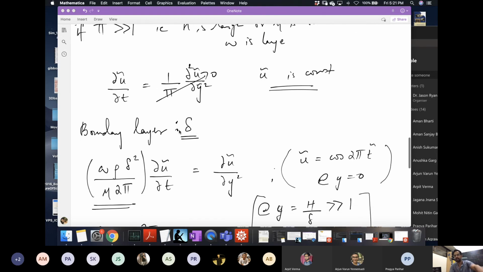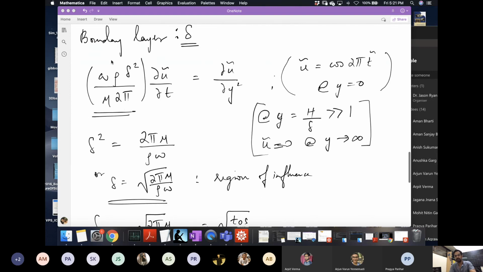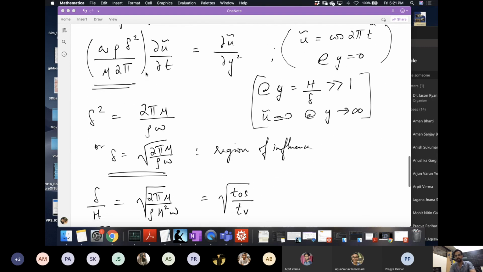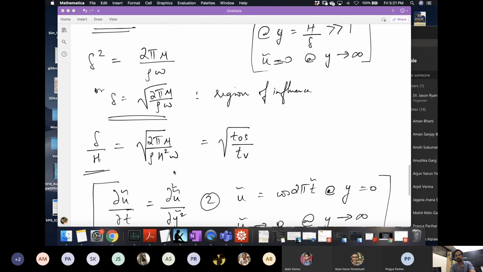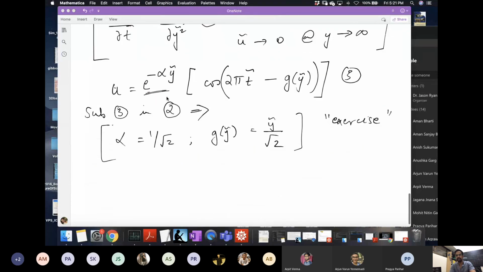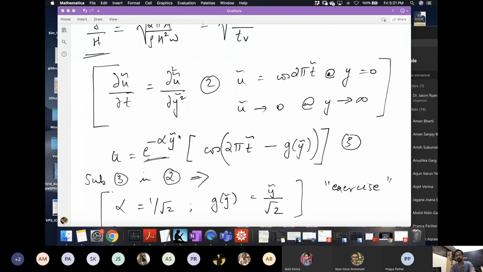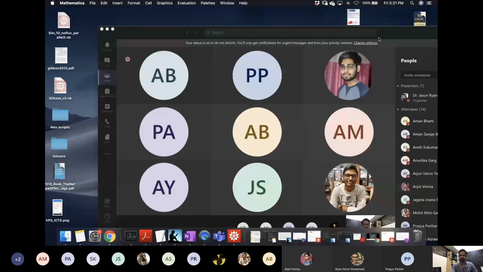But near the boundary, we chose a new boundary layer thickness delta, rescaled the problem, and used the fact that we have to retain this term to get the unsteady effects. We got the boundary layer scale correctly to within a factor of 10, as we showed. And then in this particular case, we could solve the problem analytically. Otherwise, you can always solve it numerically. And then we got the behavior of the fluid near the bottom boundary. So something like this would be relevant to the case of the cilia within unbounded fluid.